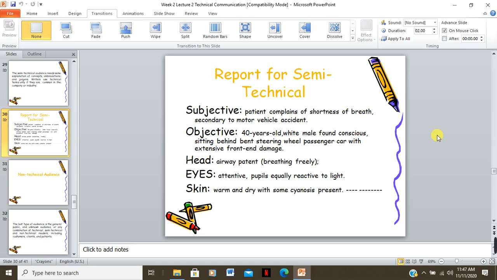Cyanosis is when the skin discolors into blue. So you see, this report is made for the semi-technical audience. Both this slide and the previous slide, which was for technical communication, were very difficult.